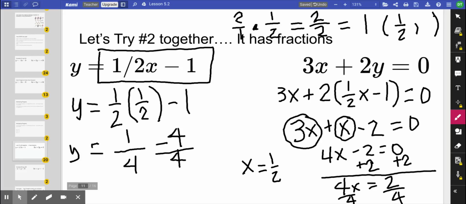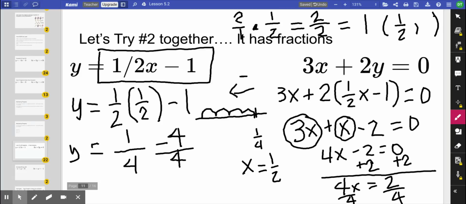So if I have 1/4 and I'm taking away 4/4 from that, if we think about this again on the number line, I'm right here at 1/4, and I'm taking 4/4 away from that. So I'm going to the left in the negative direction, and I'm going 4/4 away from that. So I'm bouncing down 4 times.